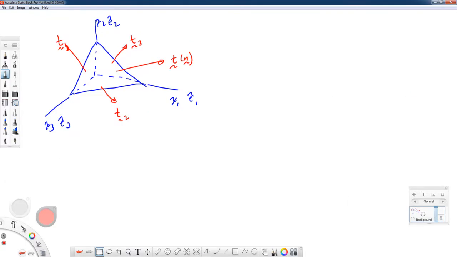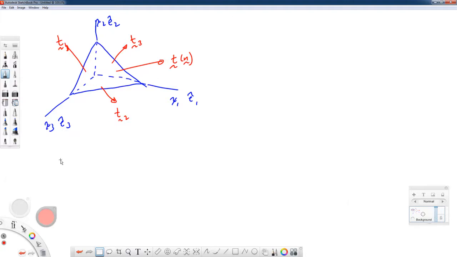And so then looking at those tractions again, we have our tetrahedron, we have the traction on the inclined face, and we have the tractions on the perpendicular faces. It's important to note that with this notation that I have here, the t with the squiggle underneath of it means a vector, and so we're looking at 3 different vectors. We're not looking at the components of a vector, we're looking at 3 different vectors.